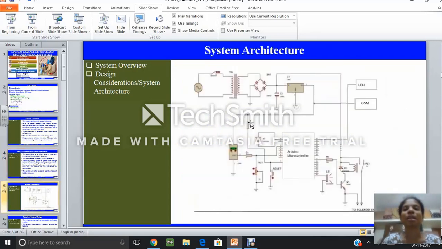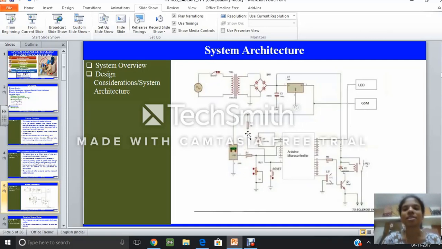This is the system architecture. Here 12 volts is connected to the bridge rectifier, or otherwise you can connect your laptop to the LED, and you can connect it to the gas sensor to sense a gas leakage.